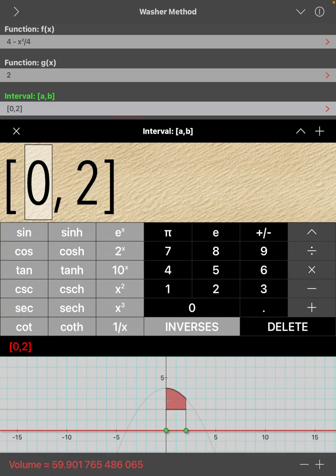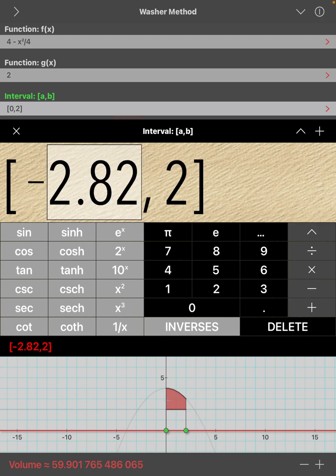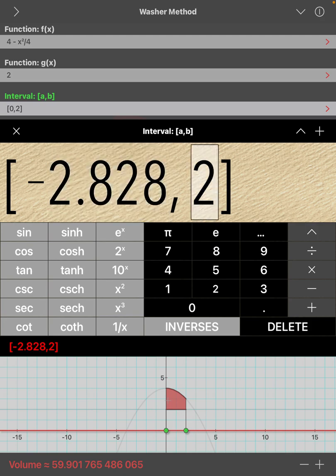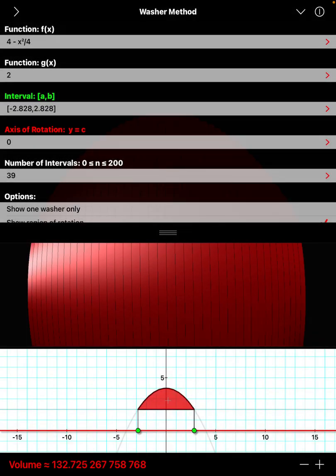Okay, so let's go put that back in. The interval then will be the negative square root of 8. This doesn't let me do the square root, at least I can't see how to do the square root, so let's just look at the square root of 8. Square root of 8 is 2.828, so I'll do negative 2.828 to positive 2.828.